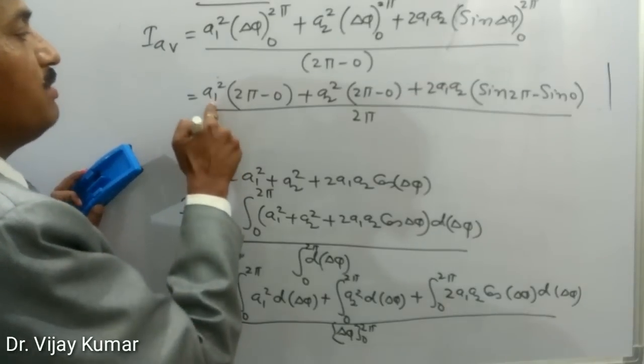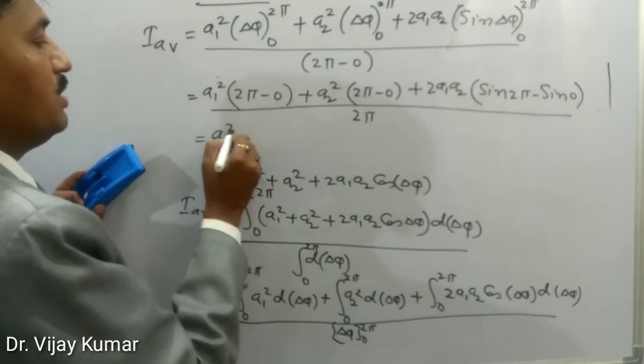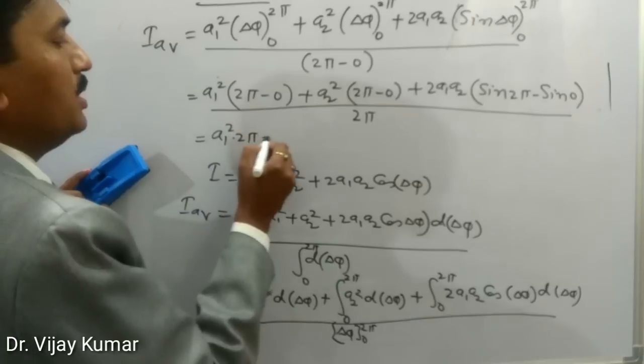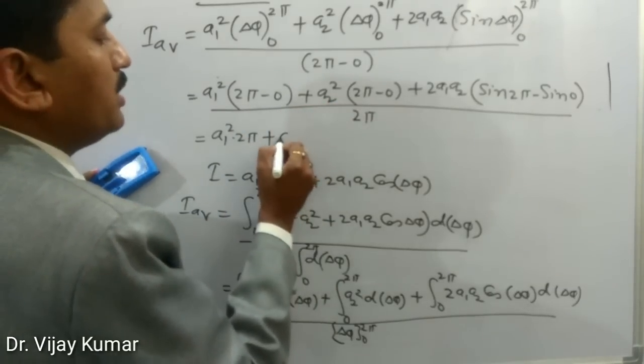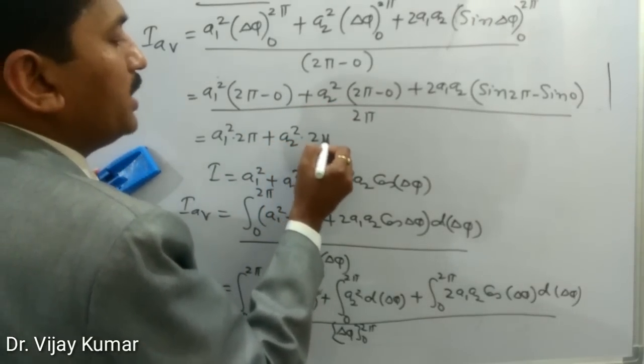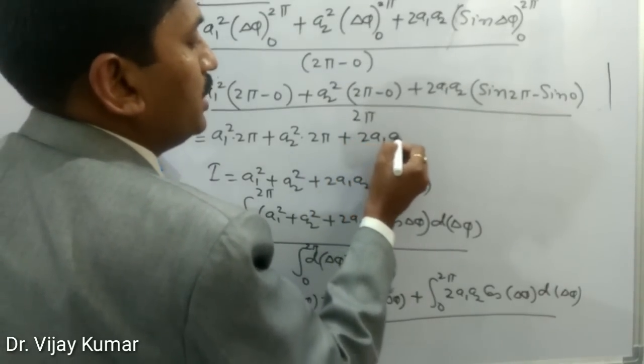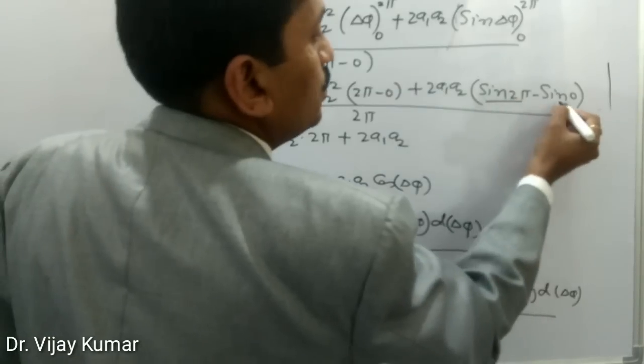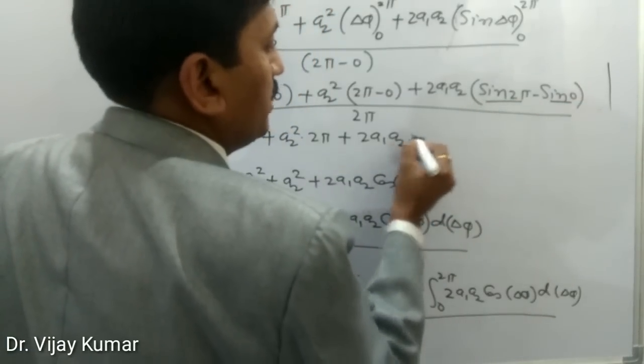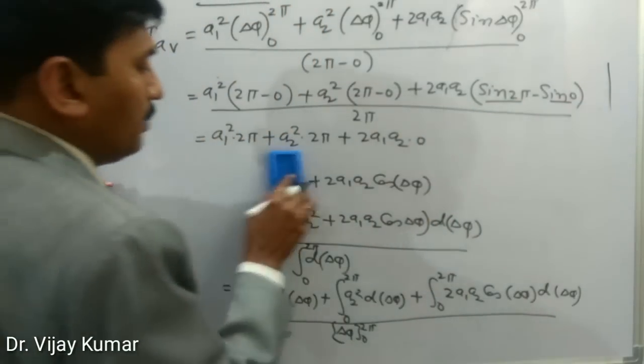So it becomes a1 square 2 pi plus a2 square into 2 pi plus 2a1a2 times sine 2 pi, which is 0, minus sine 0, which is 0, multiplication by 0, upon 2 pi.